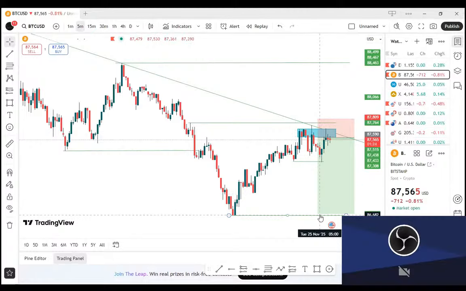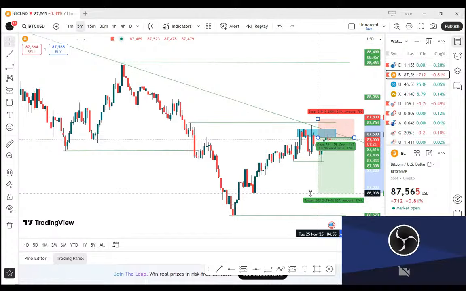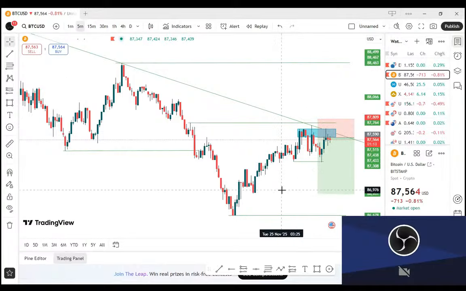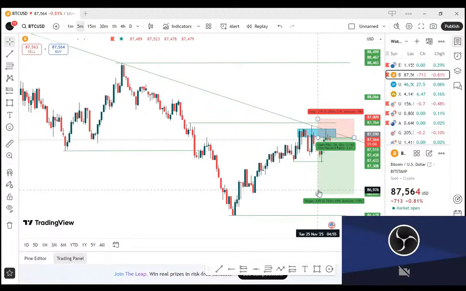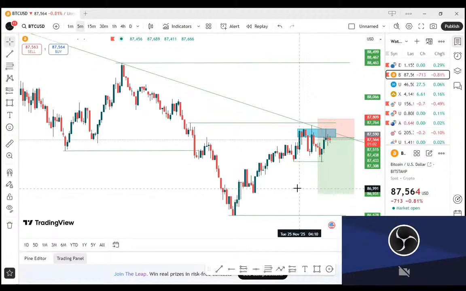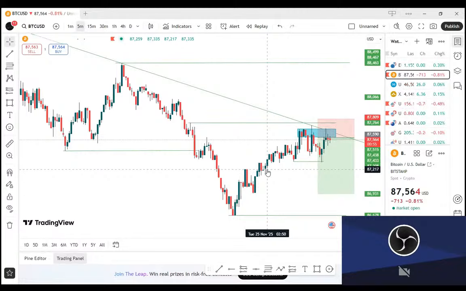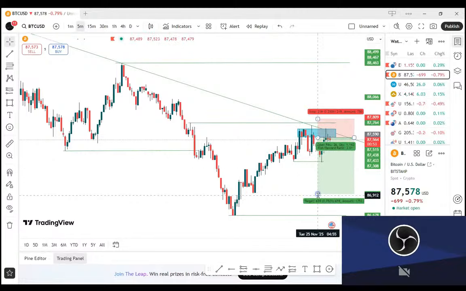Let me take it. If it's around here, what is the ratio from this low? It's about 1 to 2.9. This 1 to 2.9 is a very nice one. But let's leave it at 1 to 3. 1 to 3 is what this should be, to this low. It's a very nice risk there. I'm also taking it down there.